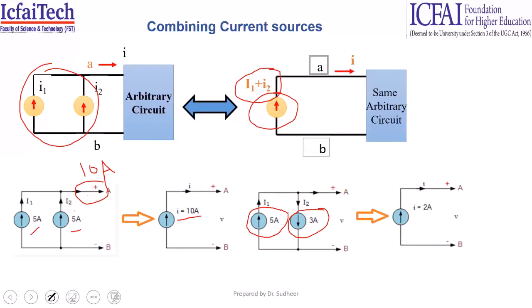The resultant force on that will be F1 minus F2, and displacement will be in the direction of F1. In the same way, the direction of the equivalent current source depends upon which has the higher value. So 5 is greater than 3, so the current direction will be upward, and the magnitude is, because they are opposite to each other, 5 minus 3, that is 2 amperes.